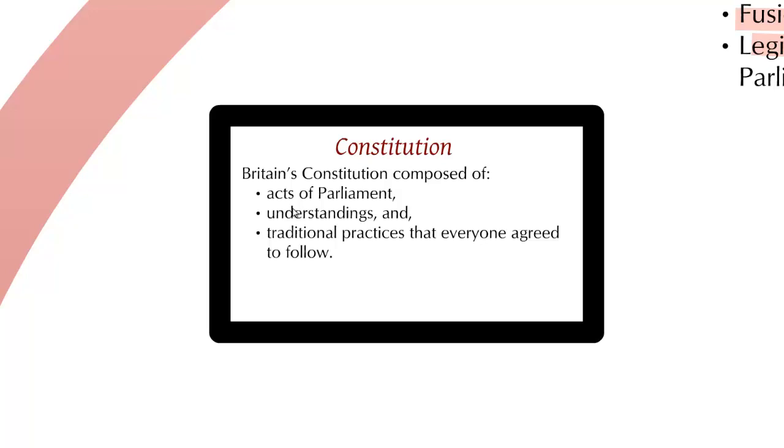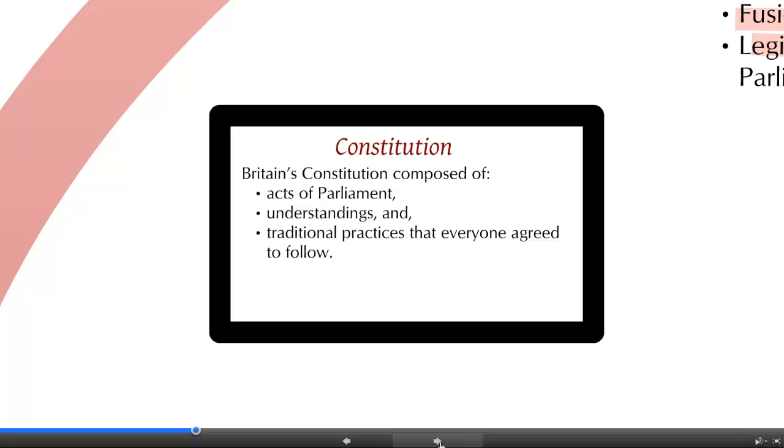It's a very unique feature, and it consists of acts of parliament, understandings and traditional practices that everyone has agreed to follow. So there is a constitution, but it's informal and very much based on tradition and old practices that have been deeply entrenched in the political system.